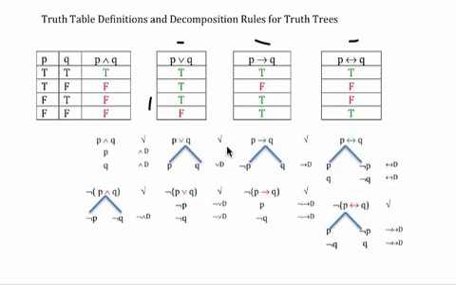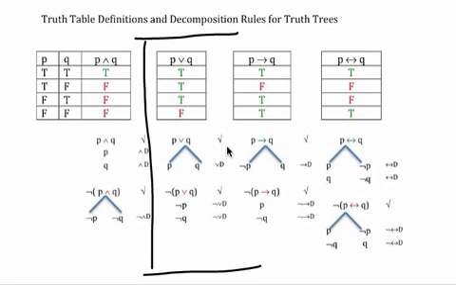If the non-negated version branches, as we'll see with disjunction, then the negated version is going to stack. So if we focus on disjunction for a moment here, we see when we look at the truth table definition that there are 3 lines of the truth table where the disjunction is true. There's only 1 line where it ends up being false.